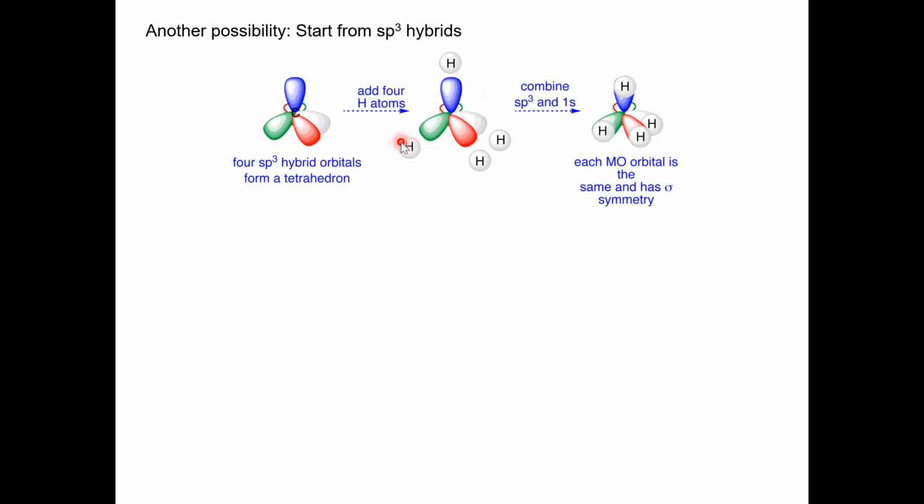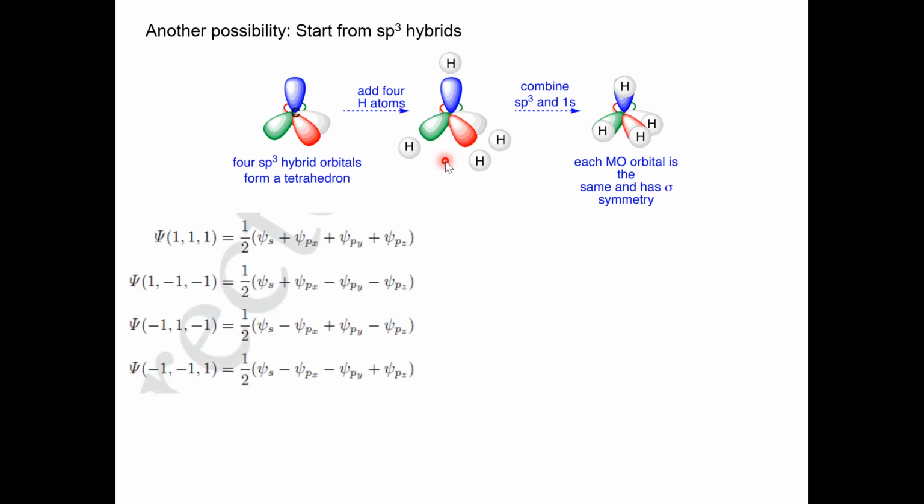and again, when I make sp3 hybridizations for carbon, I have these 4 sp3 states that are easy to see will make bonds to the 4 neighboring hydrogen atoms. Okay, so how can I start this discussion from these sp3 orbitals?